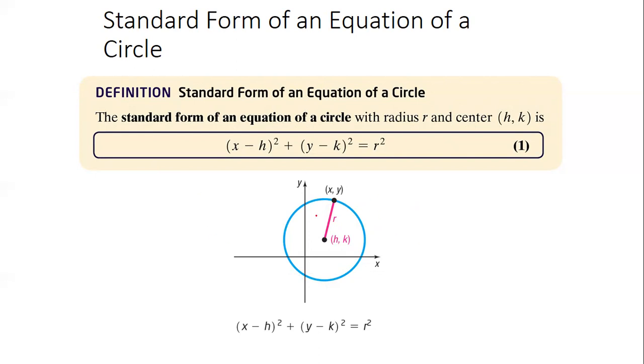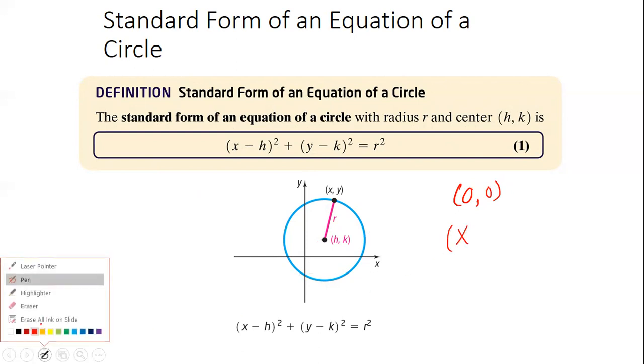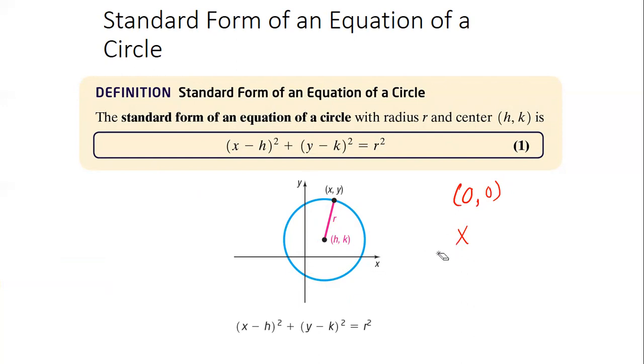If your circle falls at the origin, then the standard form is just going to be x² + y² = r².